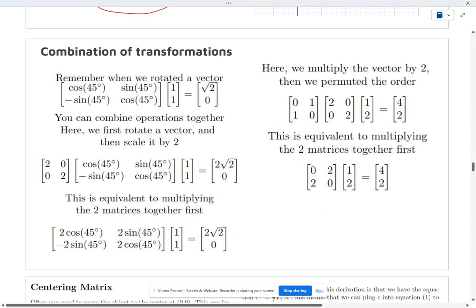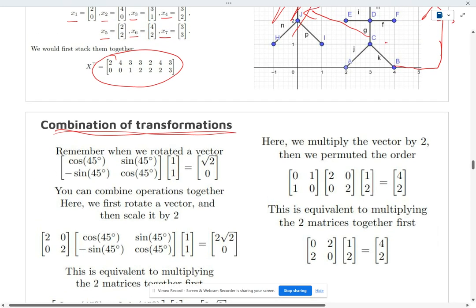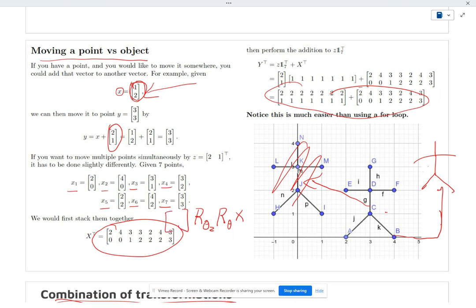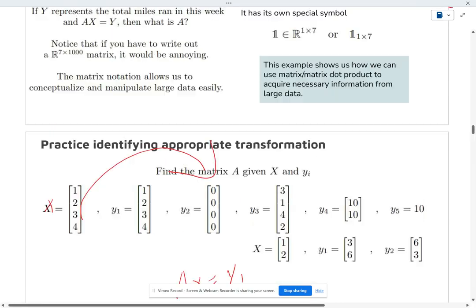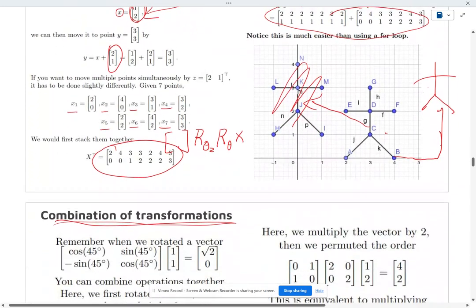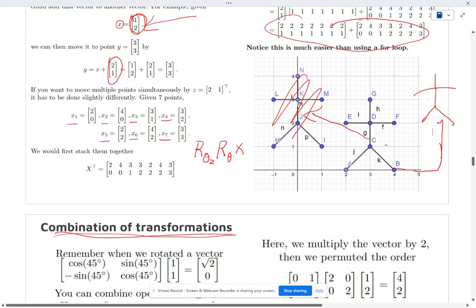If you want to combine multiple transformations, remember if you have a rotation, theta, you can rotate it, and then you can rotate it again, theta 2. So this is rotating it twice, and then you can multiply by some other matrix. What other matrix do we do? Yeah, permutation. Then we can multiply by permutation.